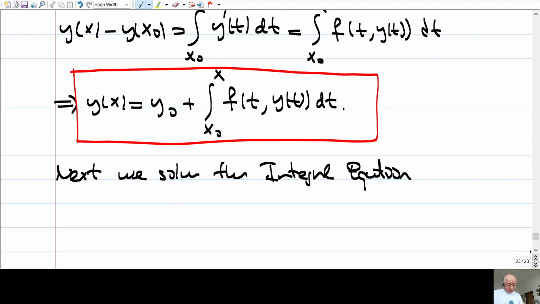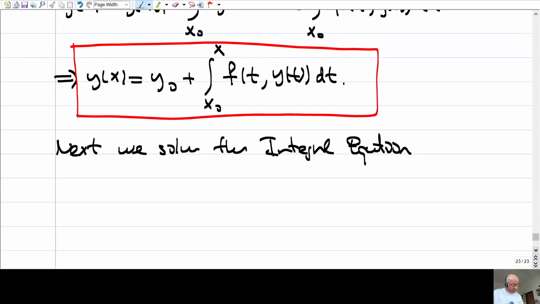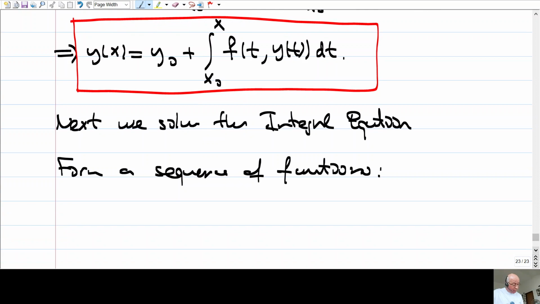How? He built up some functions, a sequence of functions. Okay, y equals phi 0 of x is the constant function y0, the constant function.